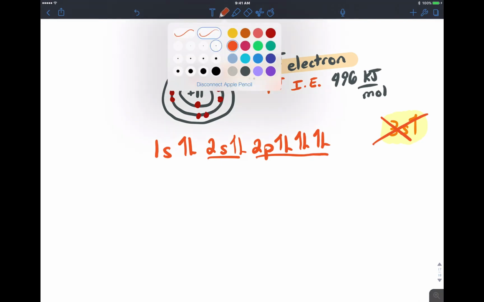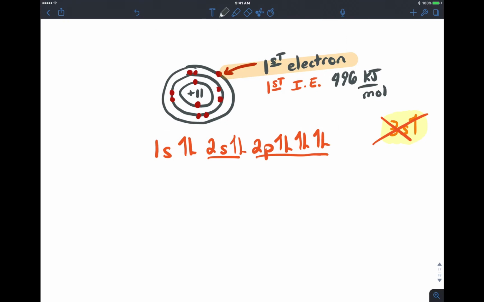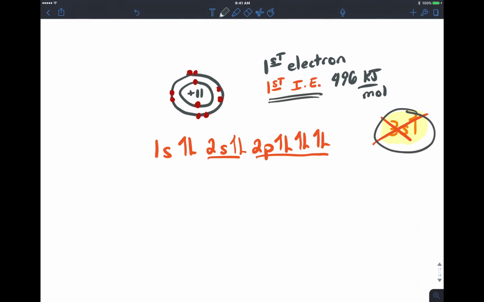Now, you might say, well, what's the purpose of doing that? Why are you bringing that up? Because we already know that that energy level, that's no longer there. All right, but let's just look at not the first ionization energy, because we remove that first electron. That's the 3s1 electron right there.